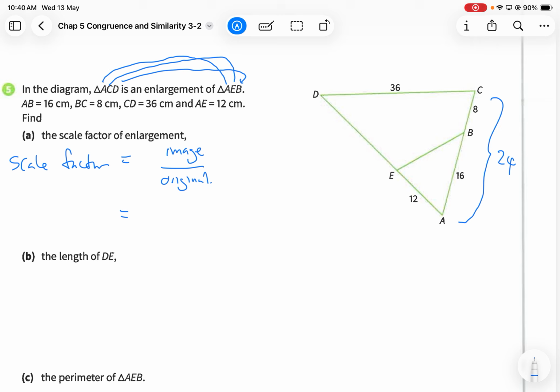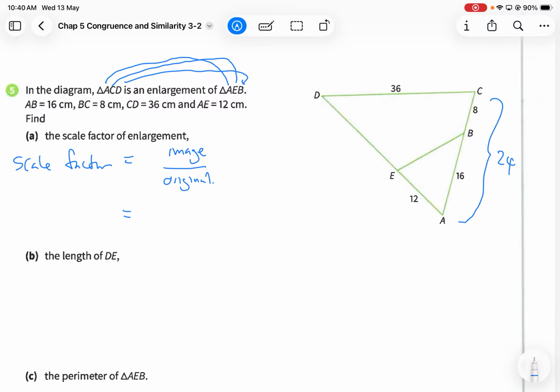So if I want to use AC, now I go back. AC is between first and second letter. Then it corresponds to AE. So I must know this 24 is the corresponding side of AE. The naming will tell me. I don't want to think 24, then it surely must be 16. We can only know this from the naming.